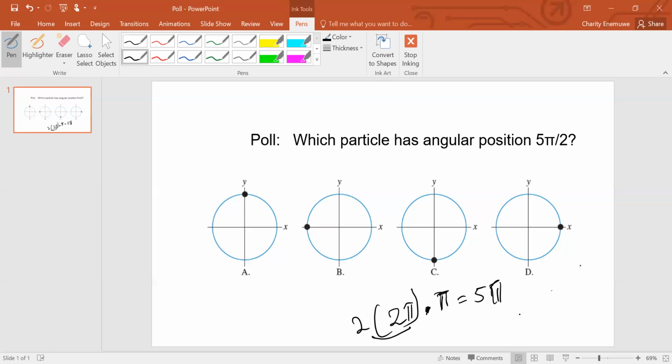We know that 2 pi will give us 1 complete revolution. So the remaining pi over 2, we divide by 2 pi, and we will have a quarter.